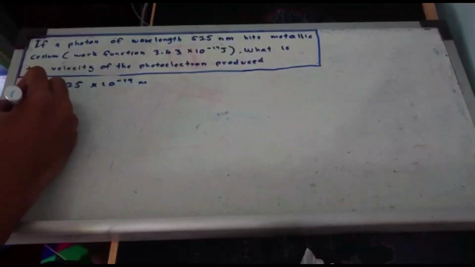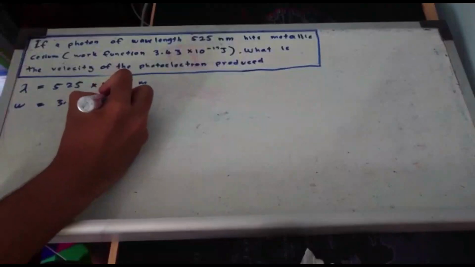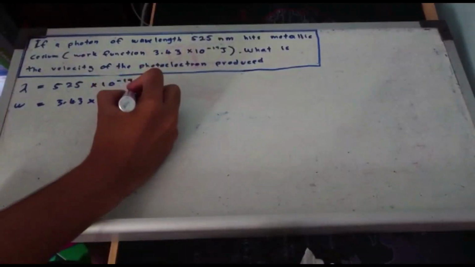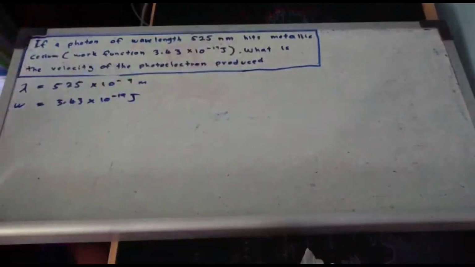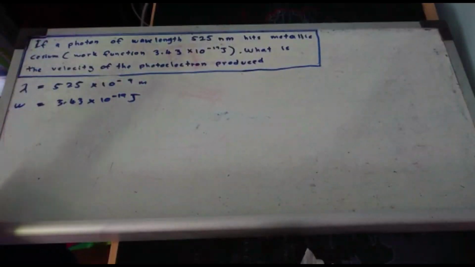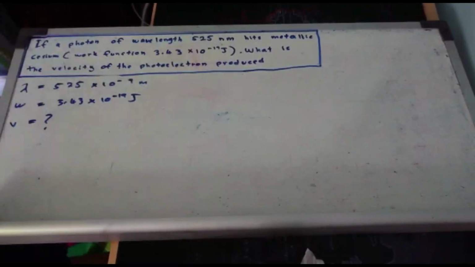The work function is equal to 3.43 exponent -19 joule. Sorry, this is -9. And we need to find the velocity of the photoelectron.